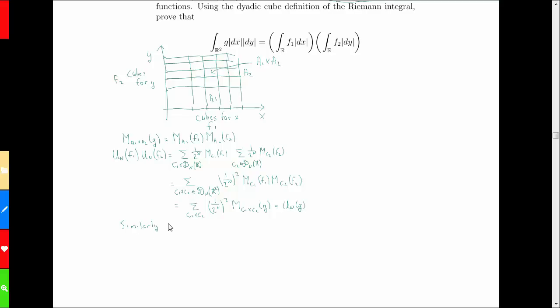I'm not going to write out the details of the similar proof for the lower sum, a proof that works exactly the same way using infimum rather than supremum, shows that the lower sum for f1 times the lower sum for f2 is equal to the lower sum for G.